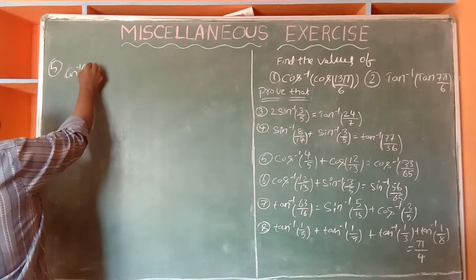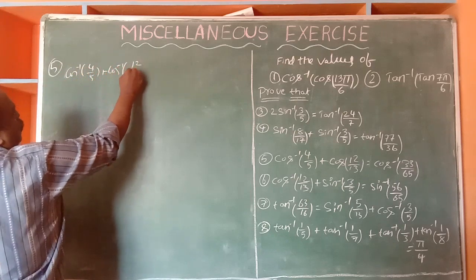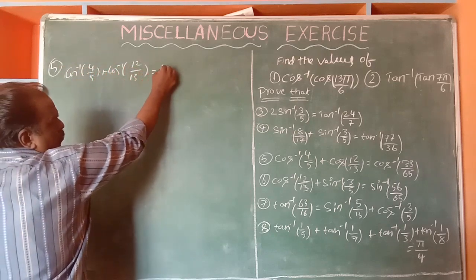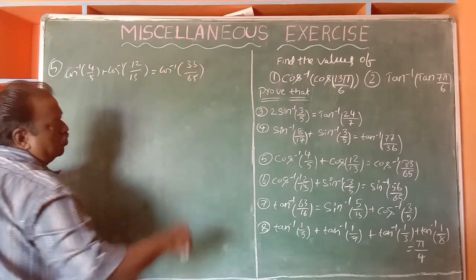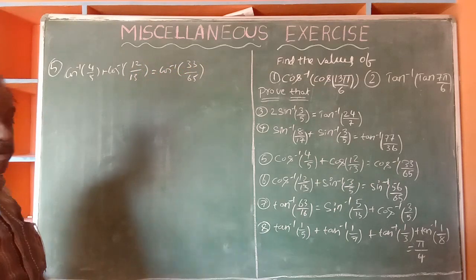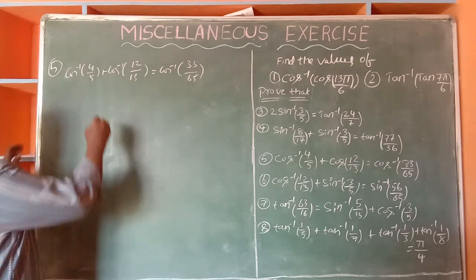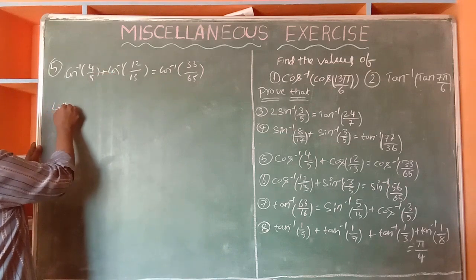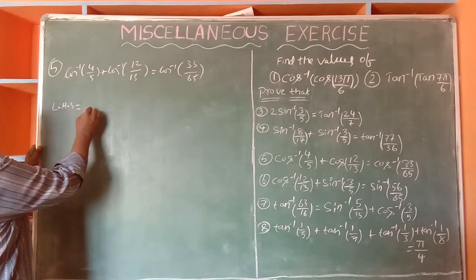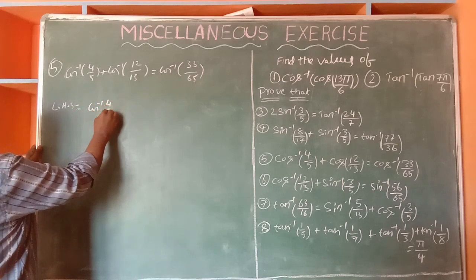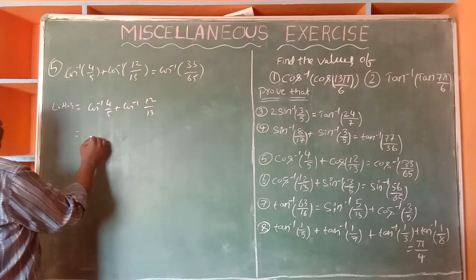Cos inverse 4 by 5 plus cos inverse 12 by 13 is cos inverse 33 by 65. Okay now? Right. For LHS, I will take one method directly. LHS is cos inverse 4 by 5 plus cos inverse 12 by 13.